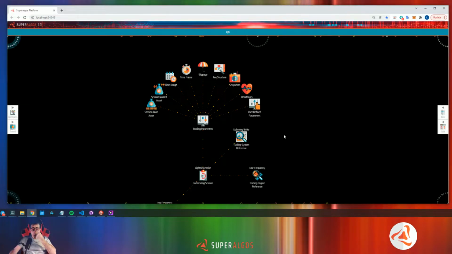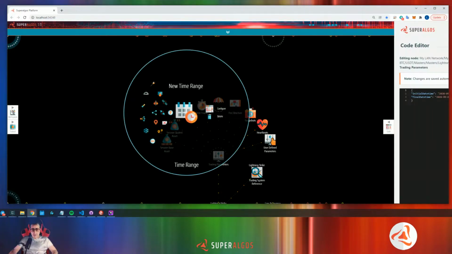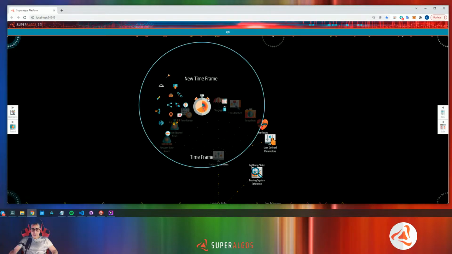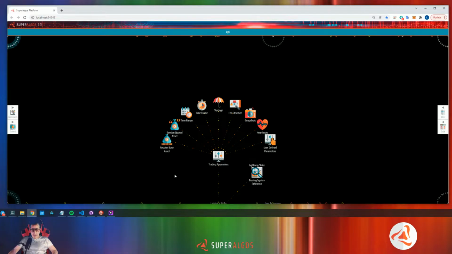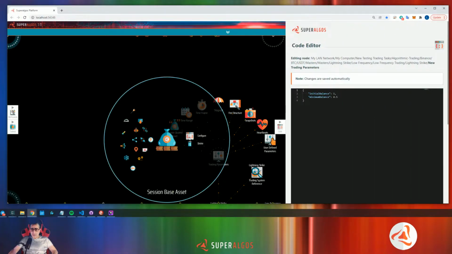So this, we also have to set this. Okay, this is okay. Time frame, we're going to put 1 minute. This is the trading task. Code asset.